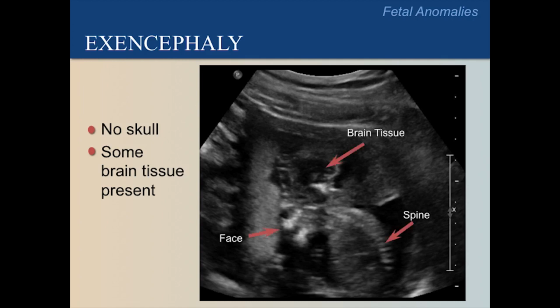Here we have labeled those structures for you. Notice the disordered appearance of the brain tissue because there is no skull. This brain tissue has likely begun to degenerate, and soon the brain tissue will no longer be visible, and the condition will be called anencephaly.